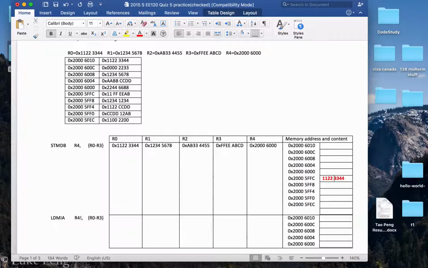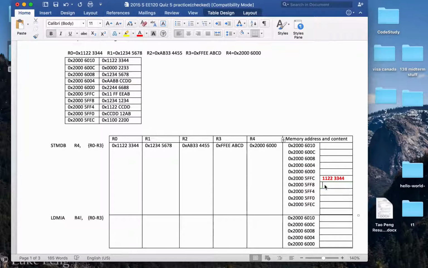So R0 goes here. After that, I decrease again because I have four registers. I decrease to here, 5FF8, and I store the second value, which is R1.